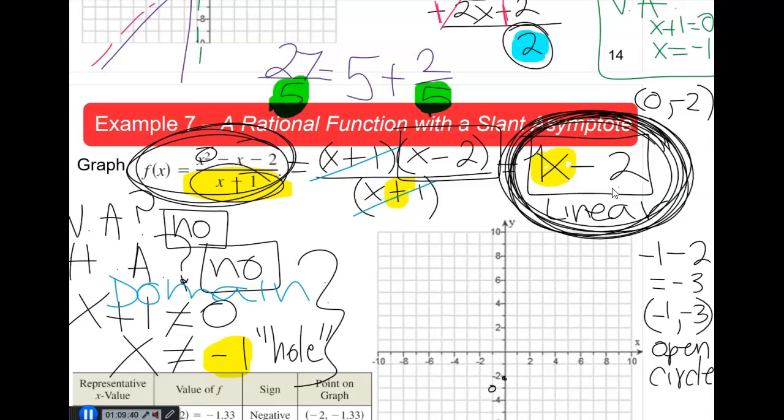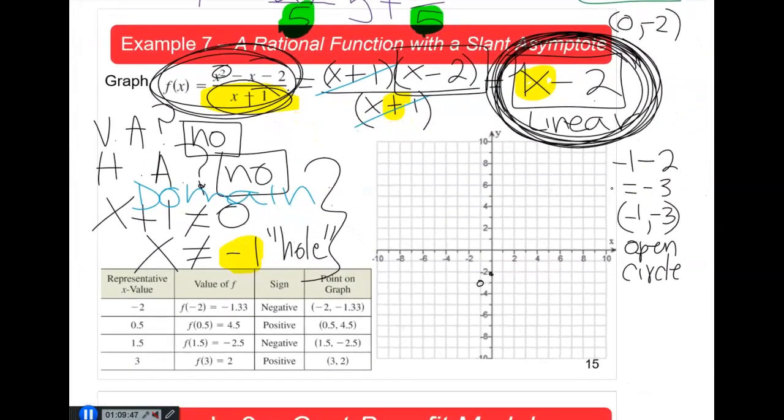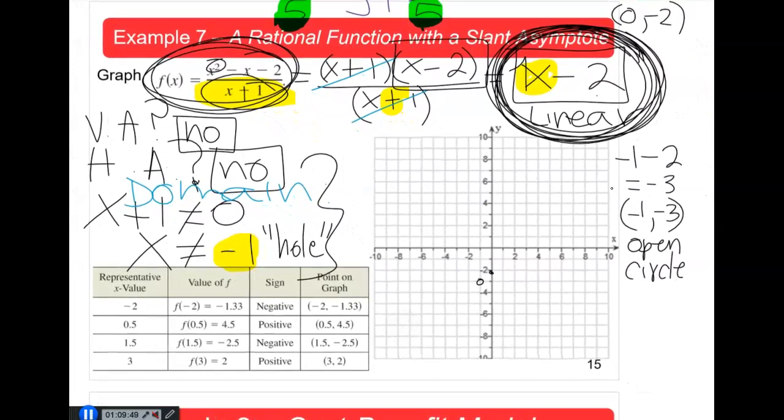We don't have to exclude it from our domain. And then we will just continue our line with the slope equaling 1. It will be 1 up, 1 to the right, 1 up, 1 to the right, 1 up, 1 to the right, and that will be our graph.